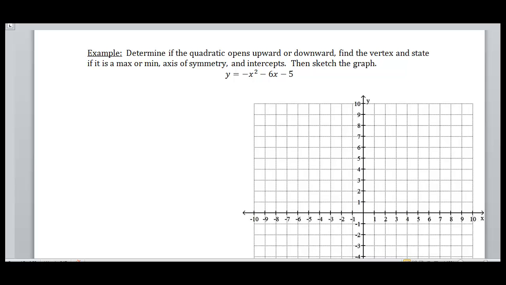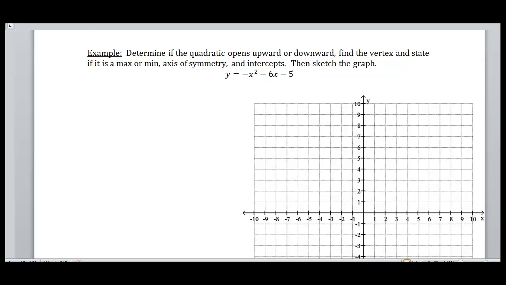It says, determine if the quadratic opens upward or downward, find the vertex and state if it is a max or a min, find the axis of symmetry, and find the intercepts. Then sketch the graph. In this example, I have the quadratic equation y equals negative x squared minus 6x minus 5.